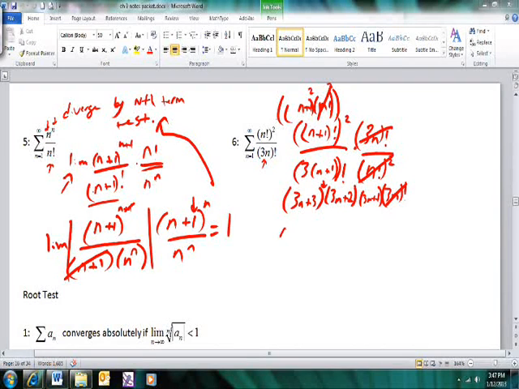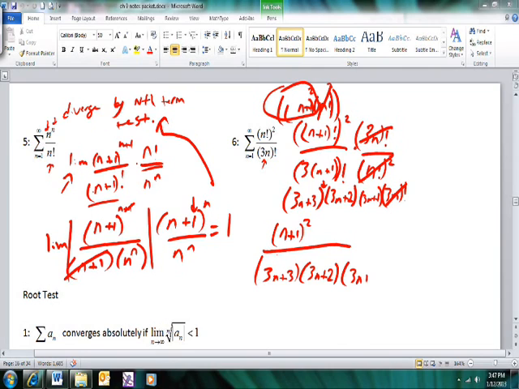I'm left with an (n plus 1) squared. It's a little hard to see on this one, sorry. So that's all that's left up top, this (n plus 1) squared. And then on the bottom we get this 3n plus 3, 3n plus 2, 3n plus 1, and nothing else.